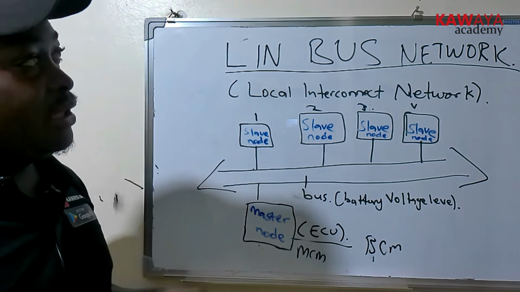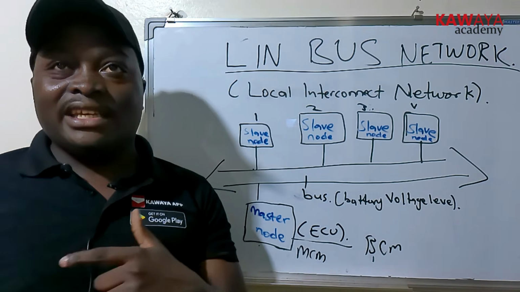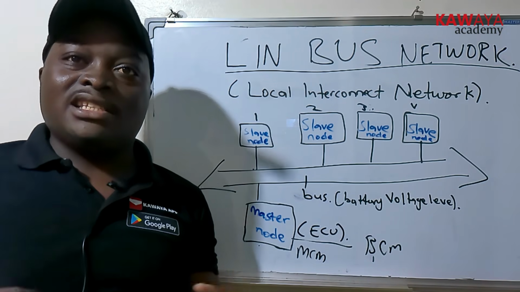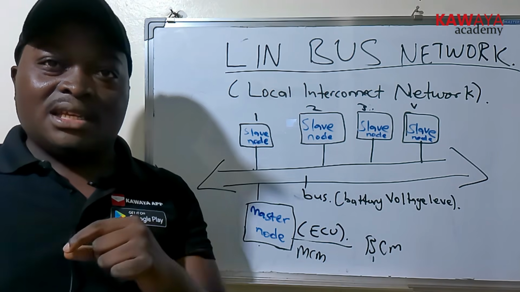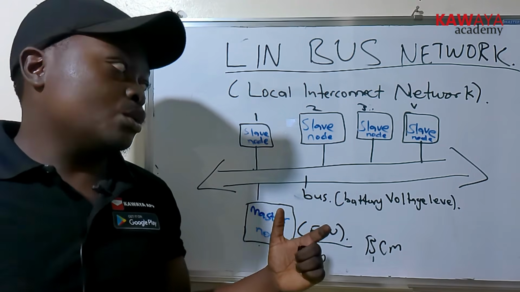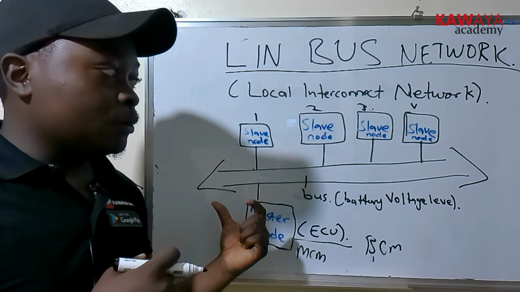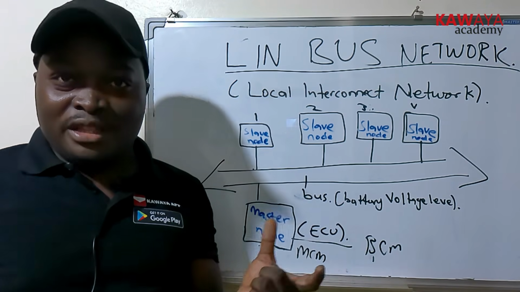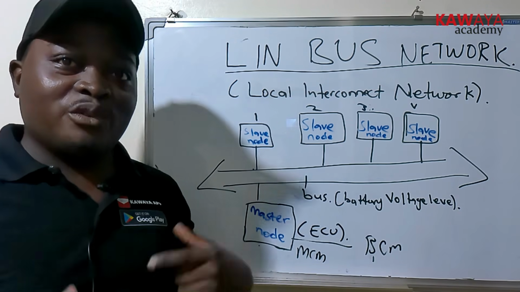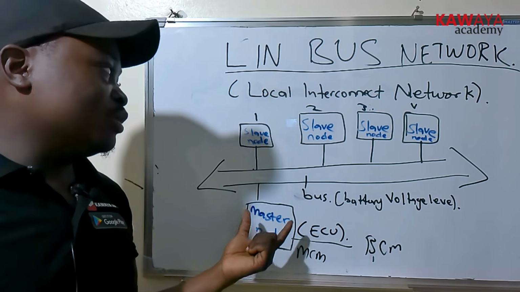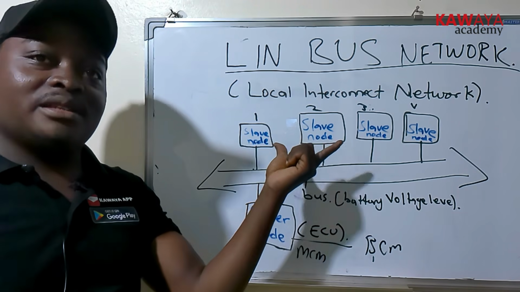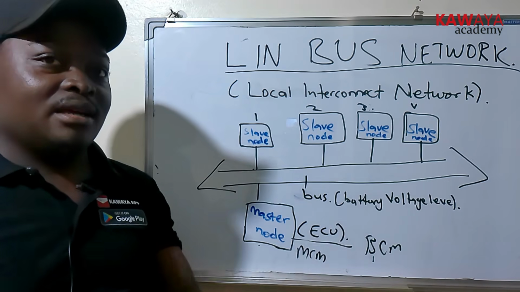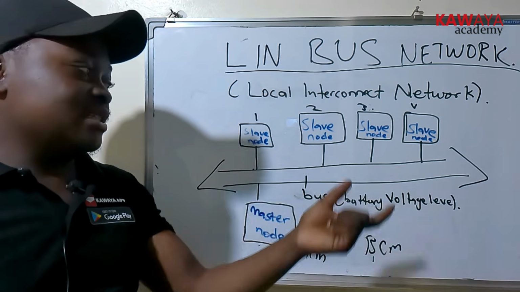Now in OBD, LIN helps us during what we call actuation component testing. Let's say you want to test if your doors can open. You can do that using an OBD machine, and if you do that, the master node will send a signal to the slave you want, to open the door, wiper, mirrors, and so on.